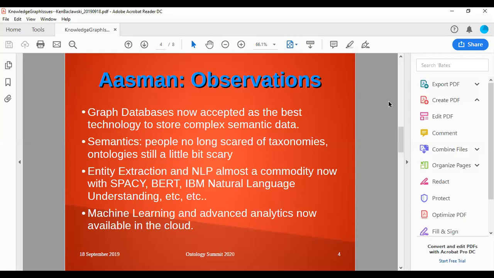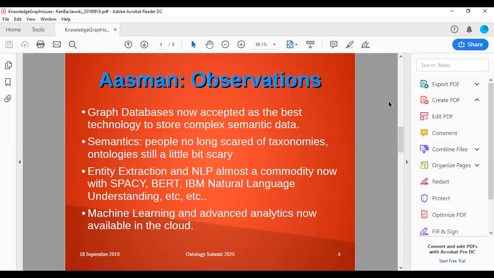Interesting observation that entity extraction and natural language processing is nearly a commodity, which is quite a difference from the past, where this kind of processing was still considered quite difficult. And now we're seeing the same things happening with machine learning and advanced analytics.